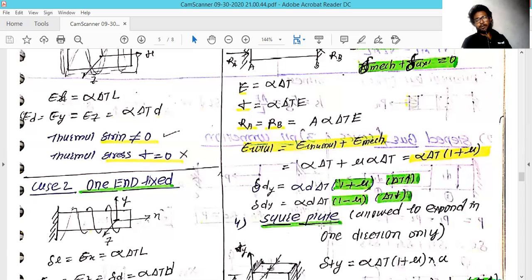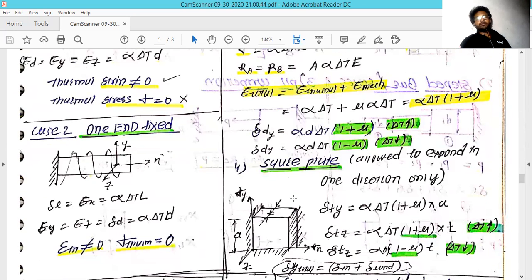So keep in mind, if it is a heating process, then you add a plus, and if it is a cooling process, then the diameter is going to decrease, and if the diameter decreases, the strain value is negative. This is how we calculate the forces and the total strain developed in the direction, and the change in diameter in the y and z directions with respect to the heating and cooling process.